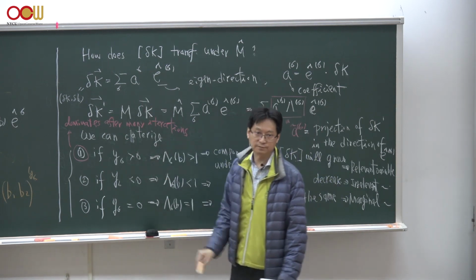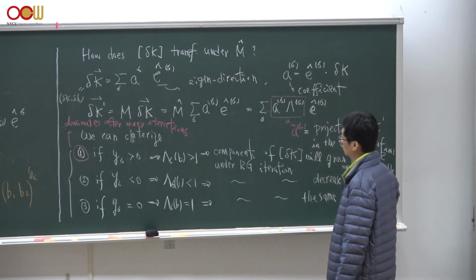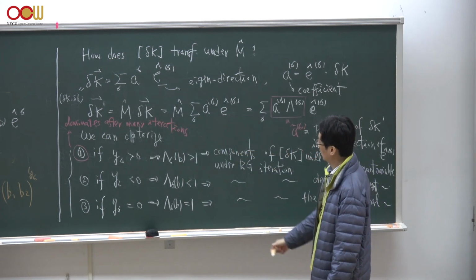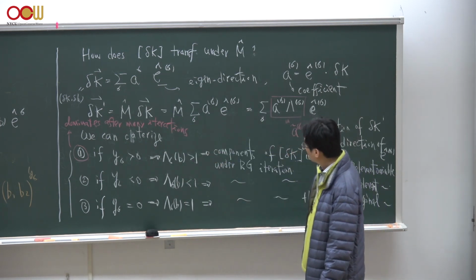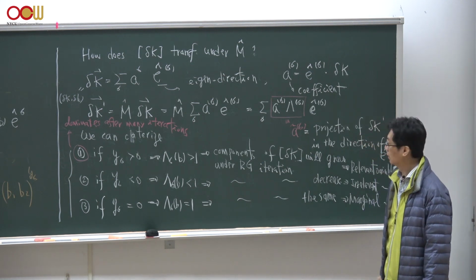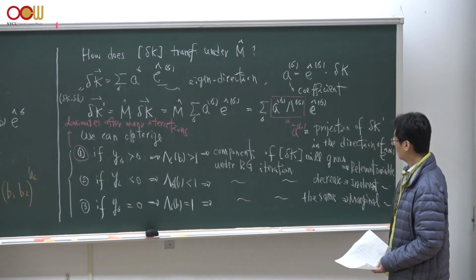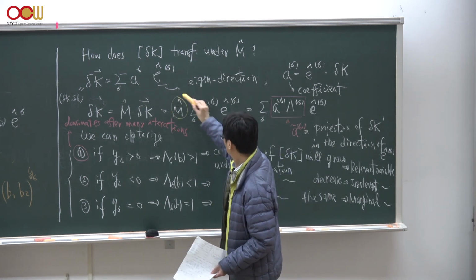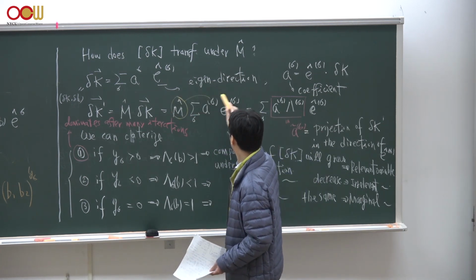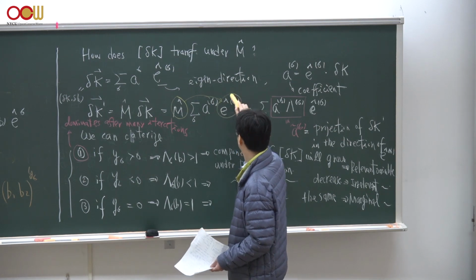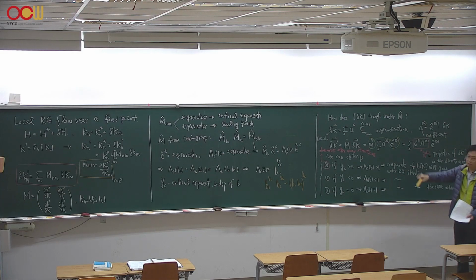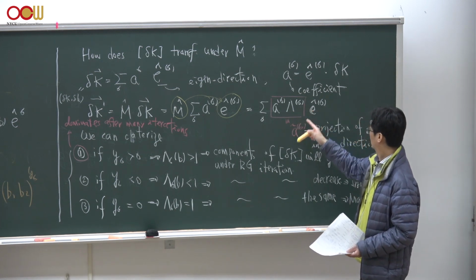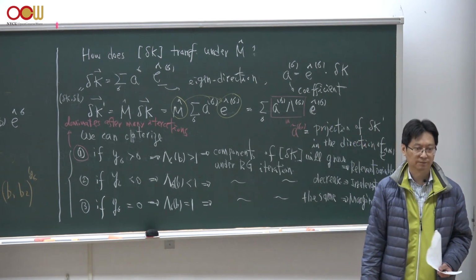Remember that. And therefore, you could just plug in the definition of the delta k vector as a linear superposition of all these eigendirections. And we know immediately that if you apply this matrix M onto the eigenvector, based on the eigenvalue equation, you get the eigenvalue lambda sigma multiplied by the eigenvector itself.